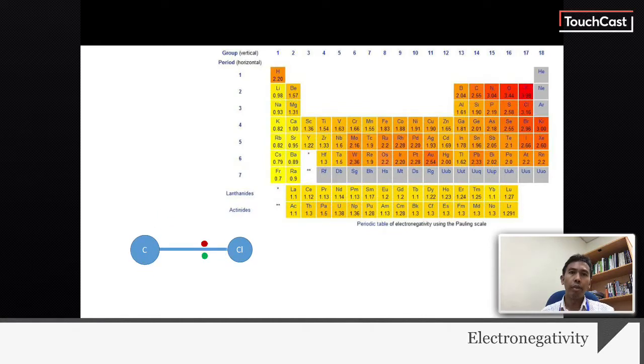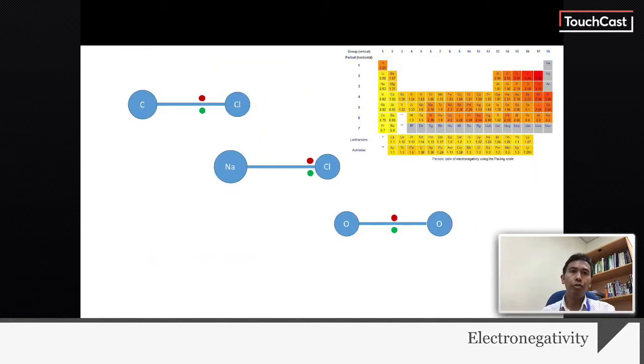And what happens if a bond forms between carbon and chlorine? Which atom will then attract the electron more? In this case, chlorine is more electronegative than carbon, so chlorine will attract the electron more. The important thing to understand here is the distribution of electrons in the sodium chlorine bond and the carbon chlorine bond.